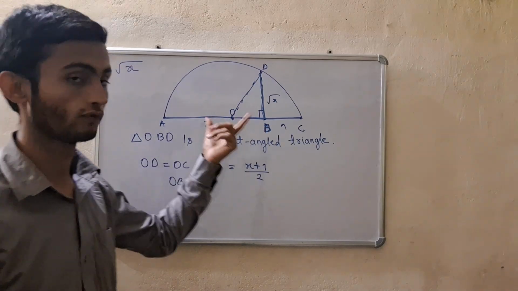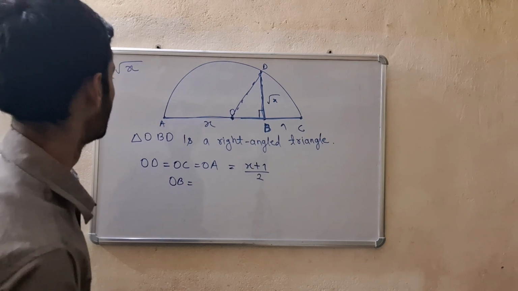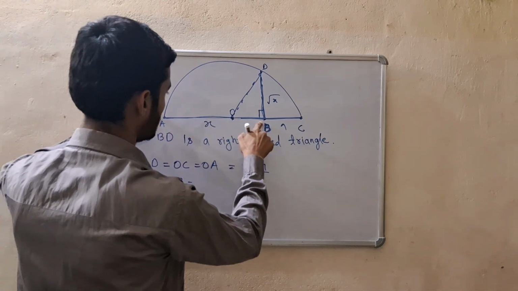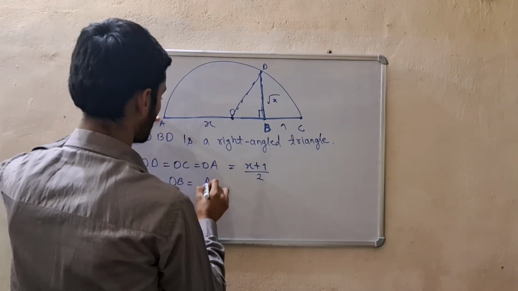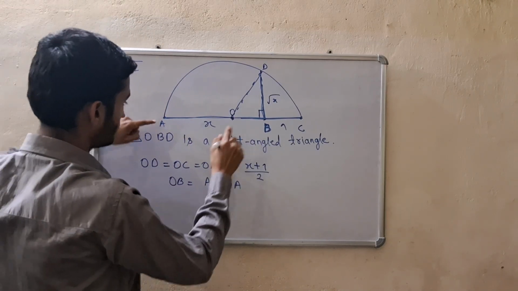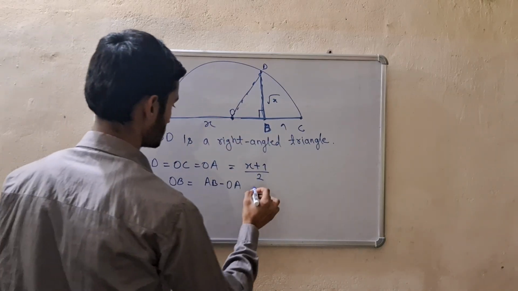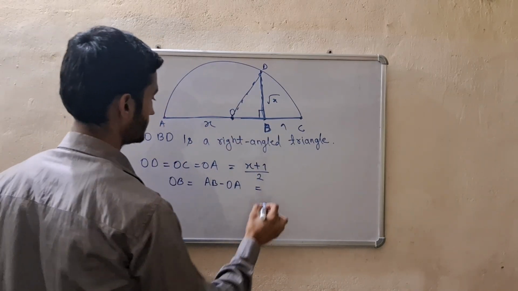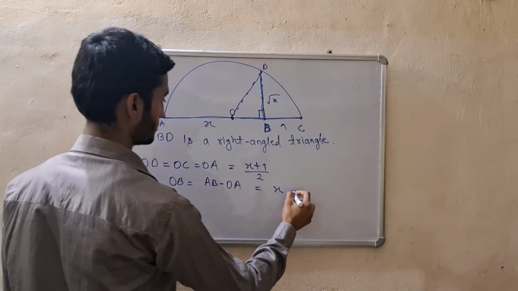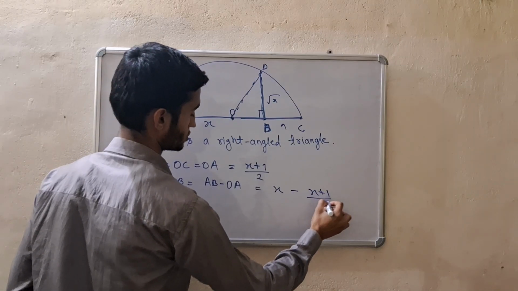We need the length of OB. How much is OB? OB equals AB minus OA. If you subtract OA from AB, you get OB. AB is x, and OA is x plus 1 upon 2.